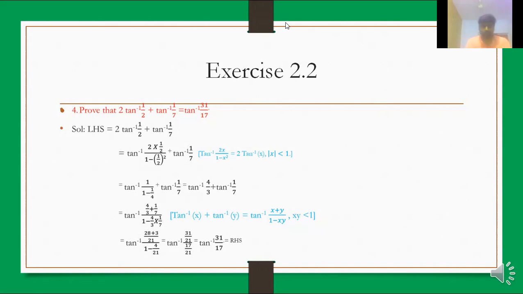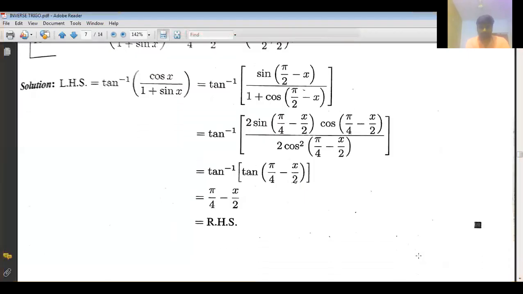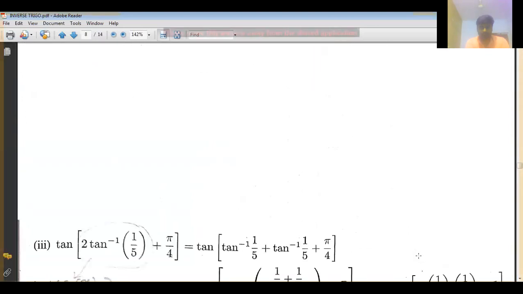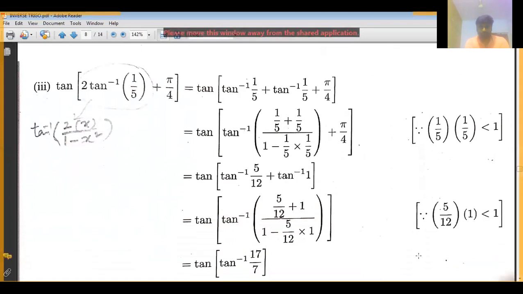So let us go for the next problem in this. Anyway, this problem we discussed. Just look at this problem. I am giving the maximum number of examples on these discussed formulas. Have a look at that.